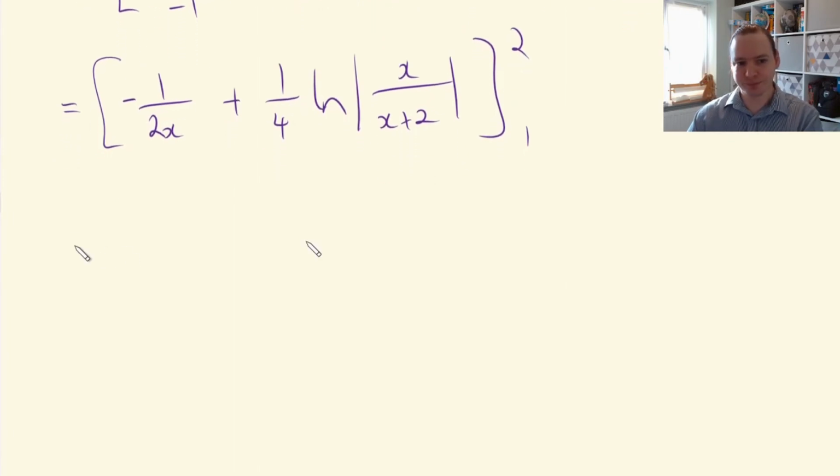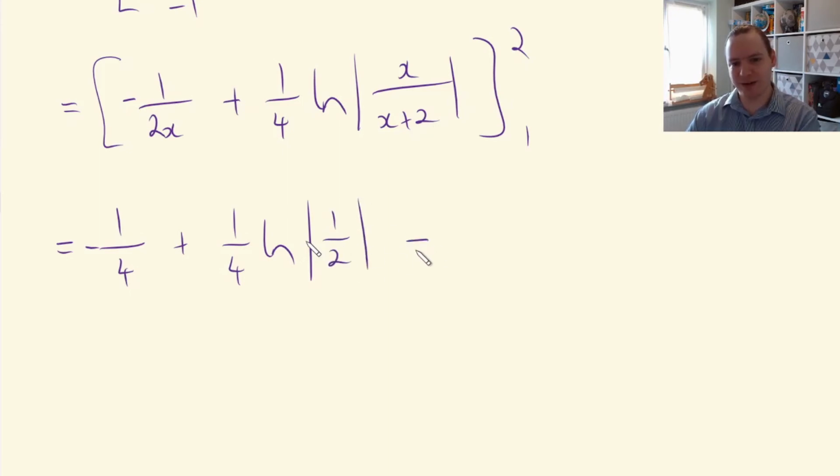So again, this is all relatively straightforward stuff. So this is negative 1 over 4 plus a quarter of the natural log of 2 divided by 4, so that's a half. Take away, and then if I'm substituting 1 in, that actually ends up being plus 1/2, and then take away 1/4 of the natural log of 1 over 3.